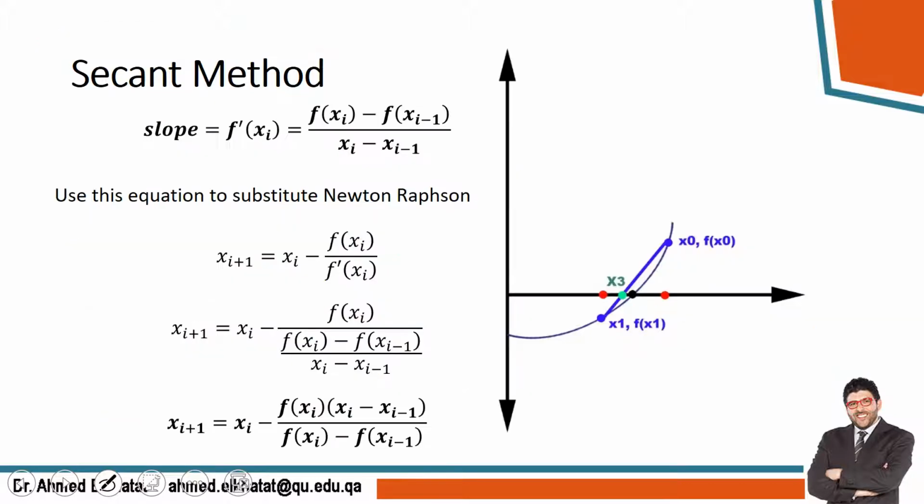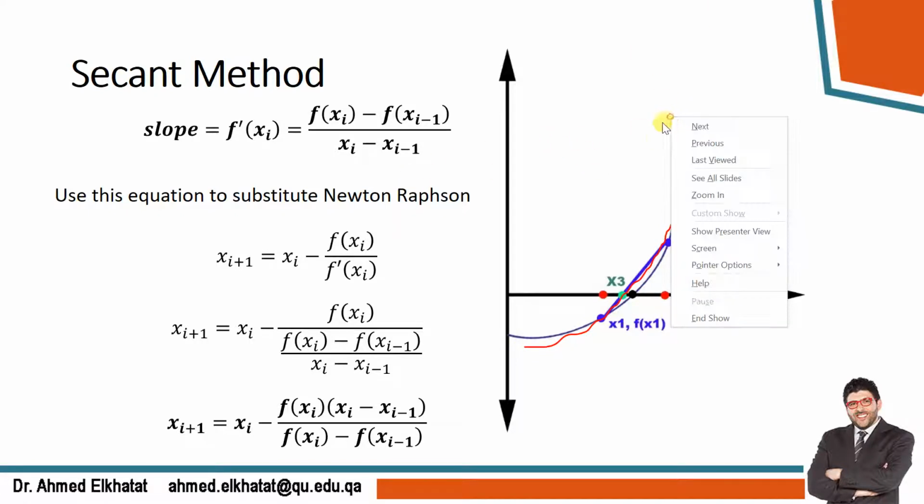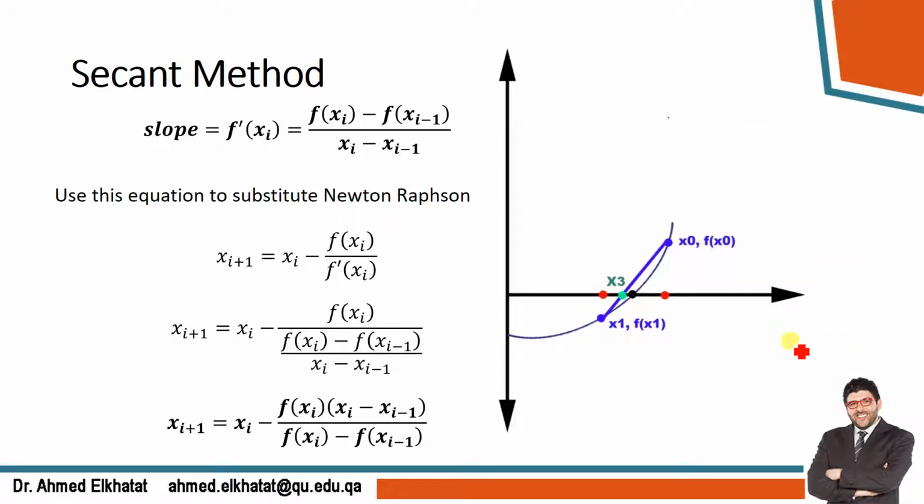So now you know this is the function. Let's clear it. Now we have this point, f(x). This is the initial guess, and this is the second guess.